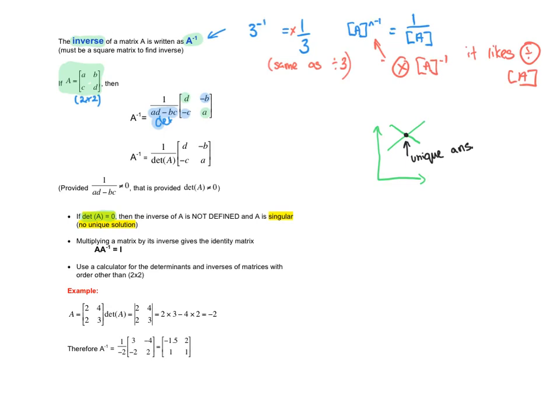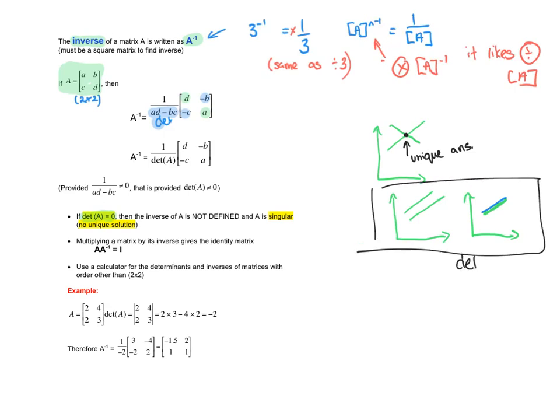If you can't solve that, it's probably because our lines are parallel like this, or our lines might actually be the same line, just written in a different way. These two scenarios happen when the determinant equals 0. So it's singular, and you never get that unique answer. Up here, this is when the determinant is anything but 0. So you might use that to answer.